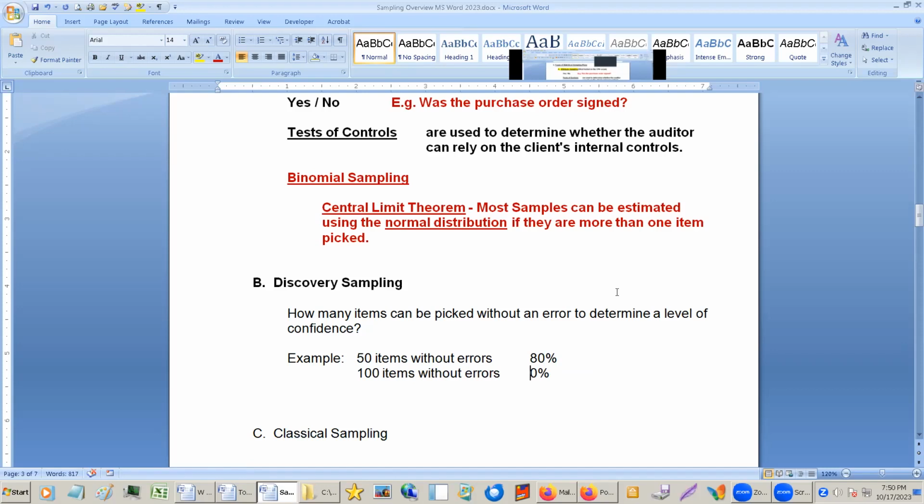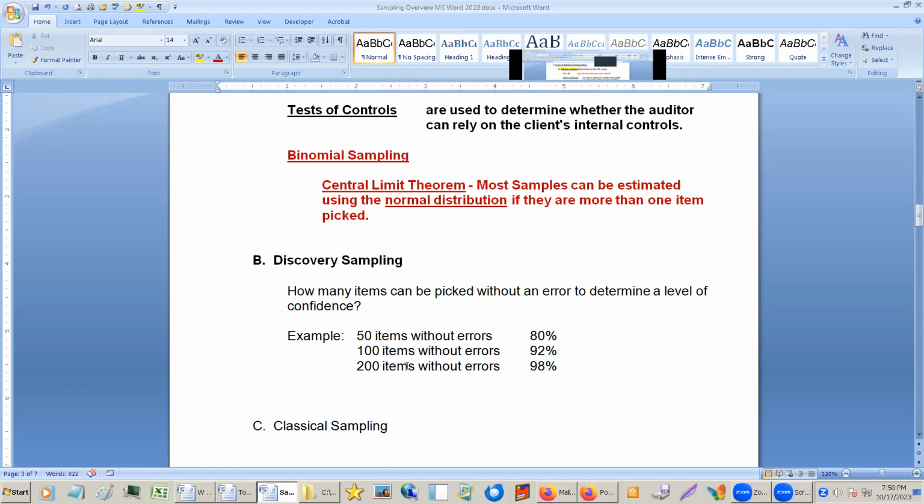Maybe you're at a 92% level. And you go to 200 items, maybe you're at, I don't know, a 98% level. So the more items you go without an error or an exception, the more confident you are. So that's discovery sampling, the way we use it.